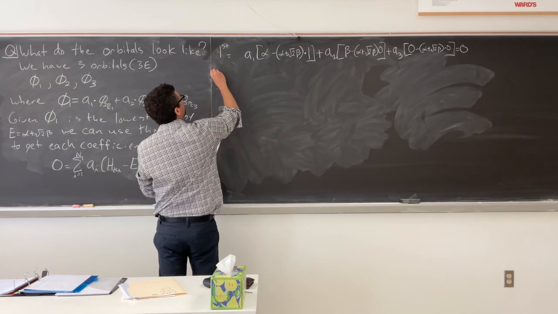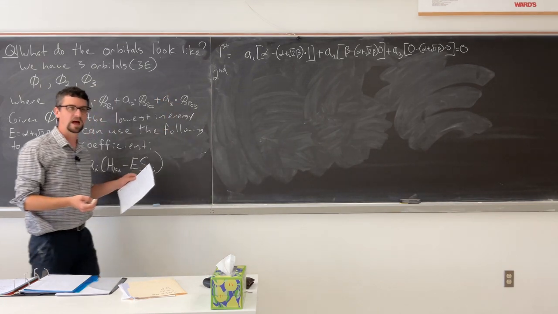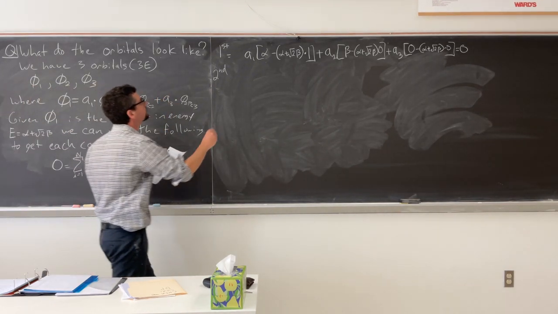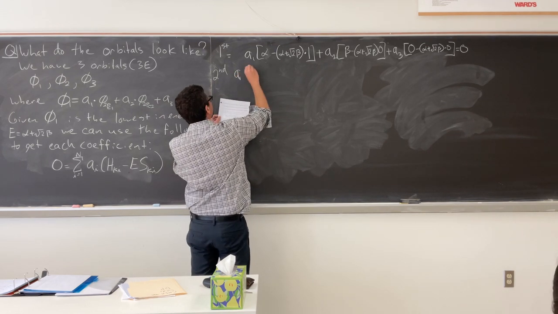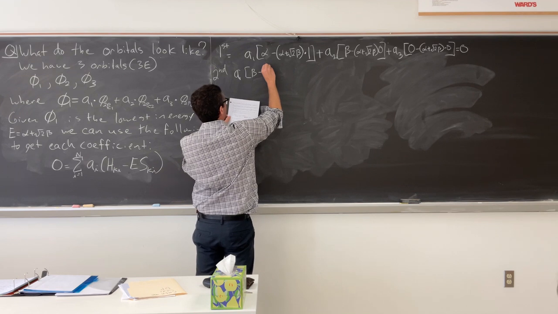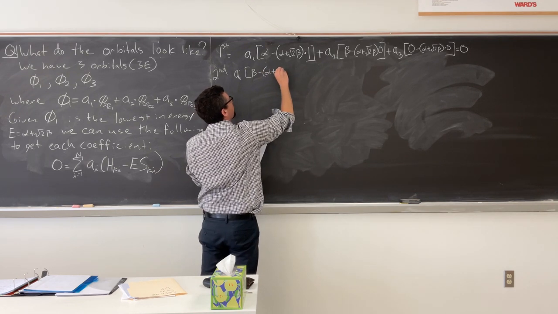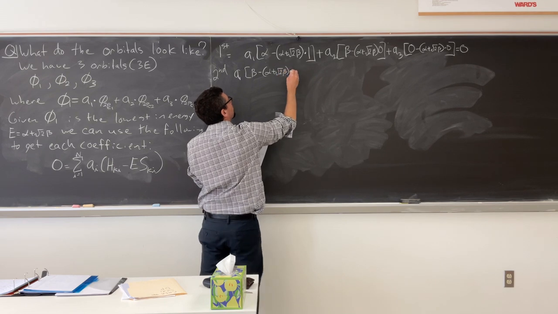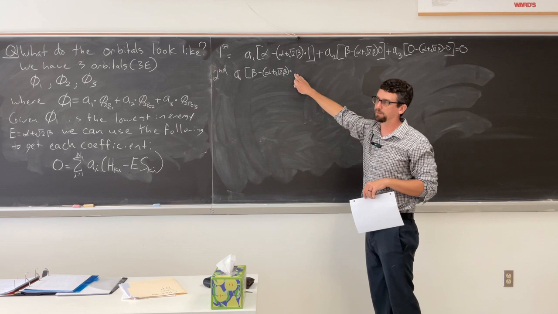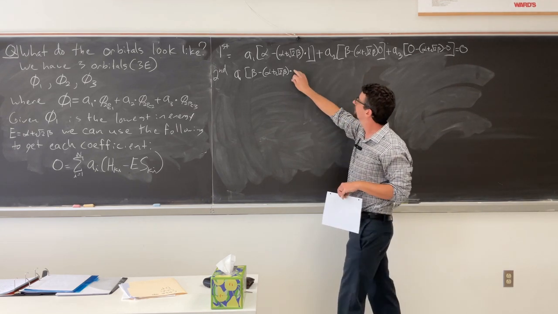We can do the same thing. We're going to get 2 more equations where we focus on carbon number 2 and carbon number 3. Times, what's this one going to be multiplied by? 0, yep.